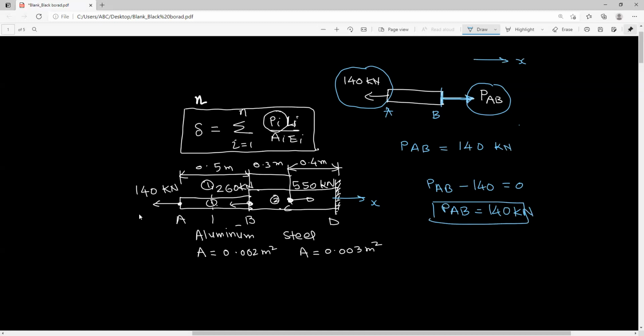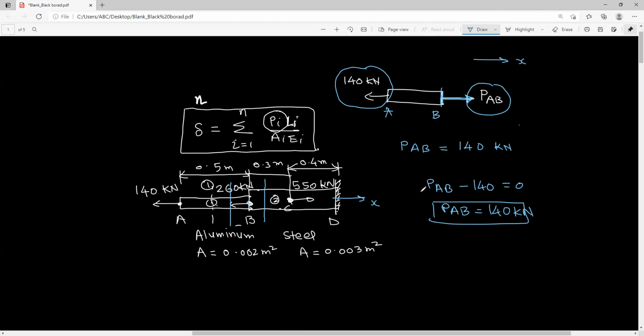Okay. Now the second part, we have to cut the section where your loading condition changes. Here there is no point in taking another section, because the situation is the same. So you can take another section where the loading condition is different, right?